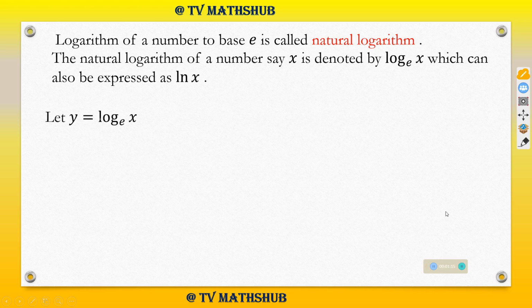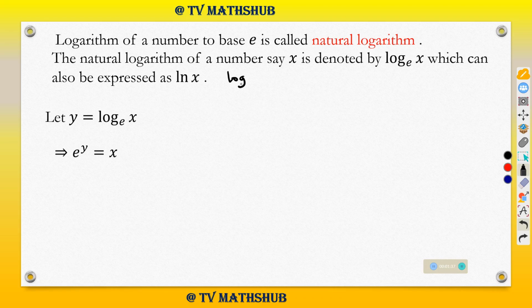Now, we shall first of all let log e of x be equal to y. If that is the case, then we can easily have e to the power y equal to x. We understand this from the laws of logarithm.